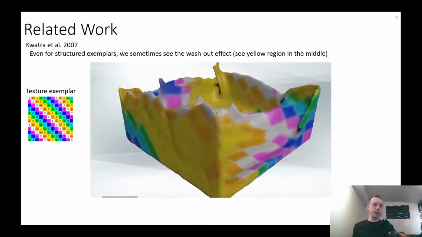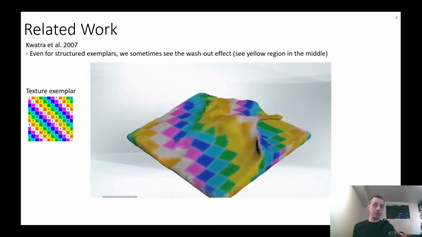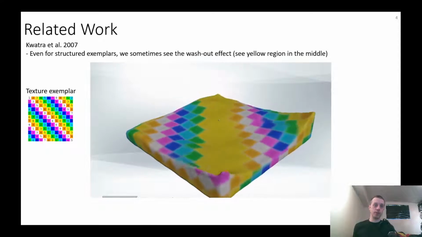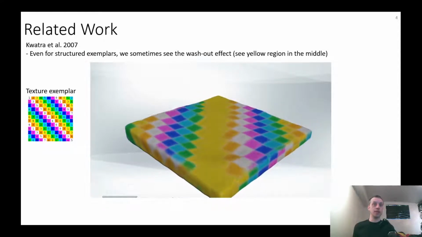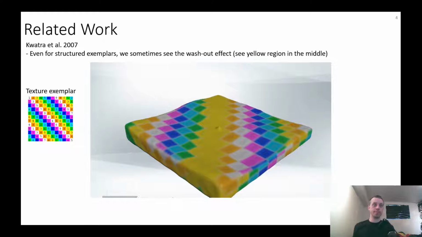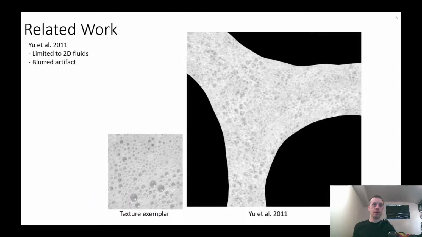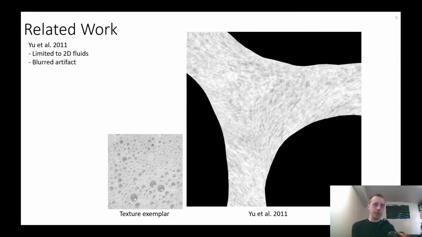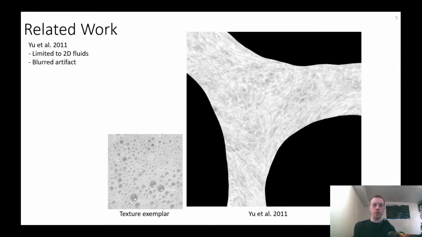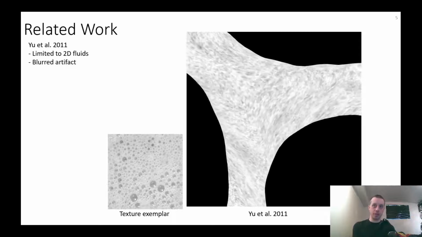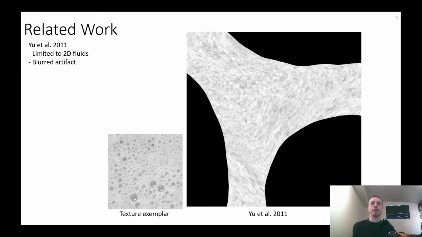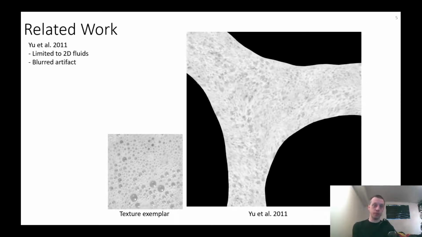The washout artifact can also be visible even for structured textures, as we can see in the yellow region in the middle. To have a closer fit to the velocity field, Yu proposed to use deformable patches of texture that are advected with the flow.